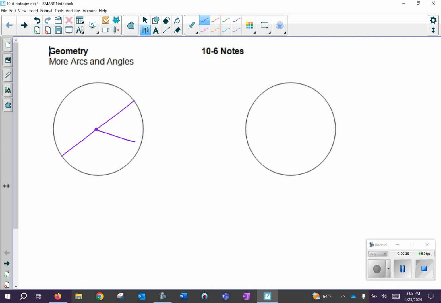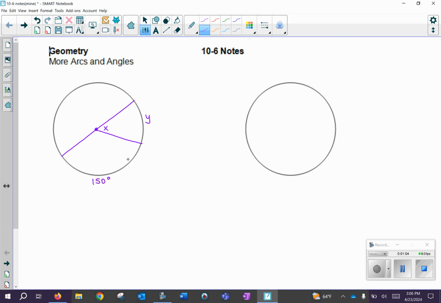Okay, first problem, let's put x here, y here, and 150 degrees here. So what would I be able to solve for first, x or y? Based on the information given, I can only solve for y, and hopefully you are thinking that this is a diameter, so each side is 180.